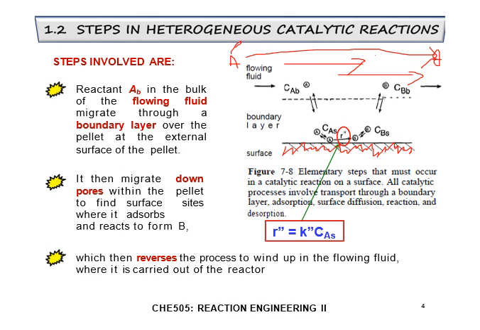There are reactants that actually migrate down through the boundary layer and go to the external surface of the catalyst pellet. Here too step 1, step 2, step 3, step 4, step 5, step 6, step 7 happen. So it's still the same, just explained this way. It says reactant A in the bulk fluid migrates through the boundary layer over the pellet at the external surface, and then further migrates down within the pellet to find surface sites where A adsorbs and reacts to form B.